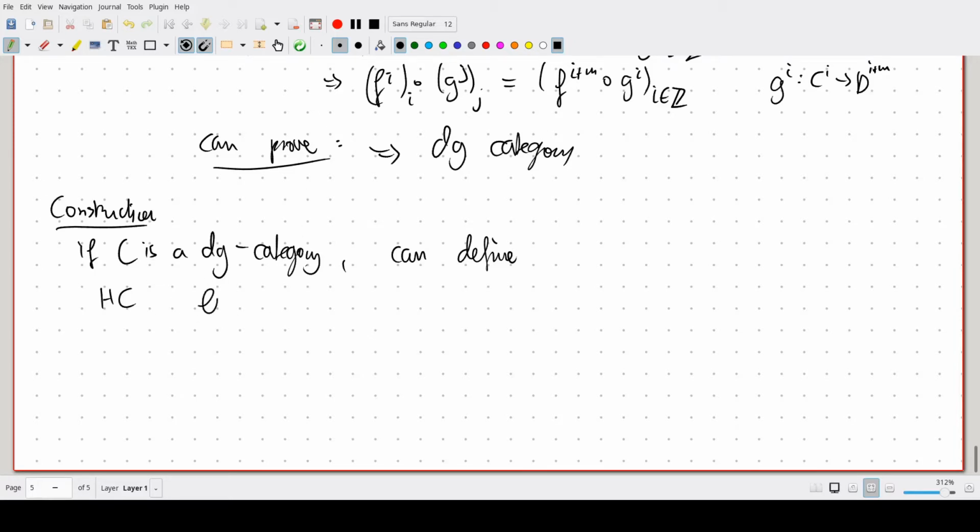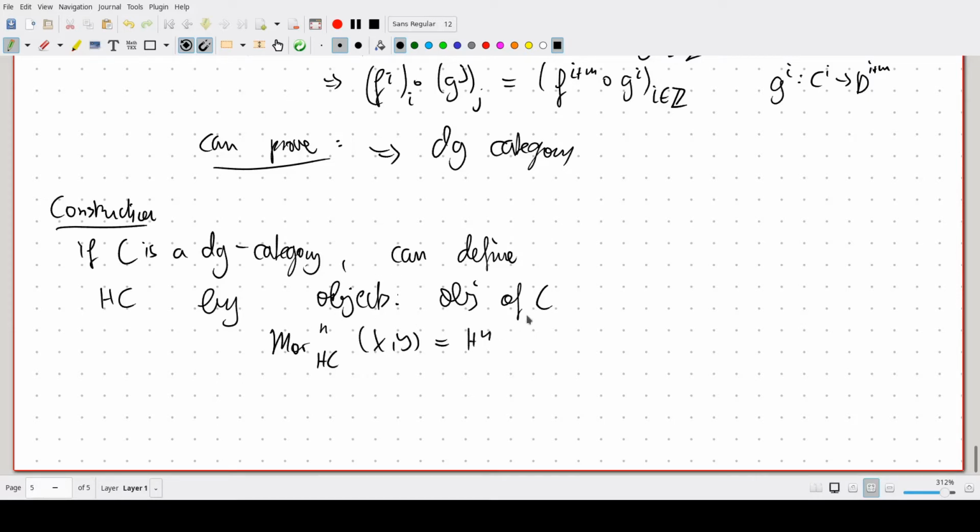The objects are the objects of C, and the morphisms in HC from an object X to an object Y of degree n.